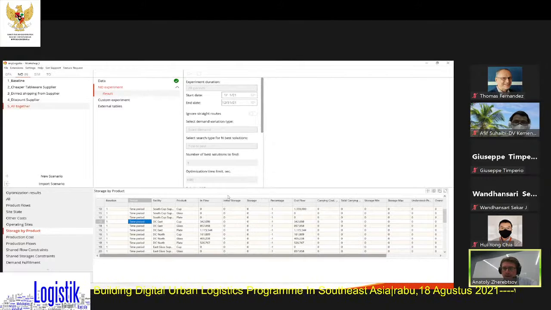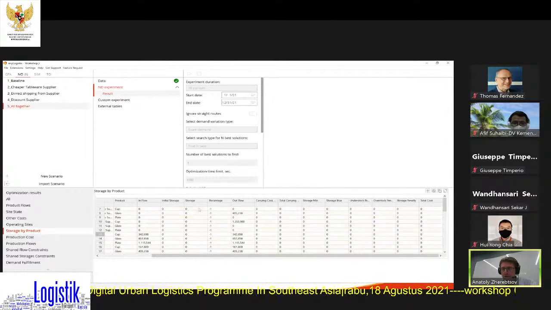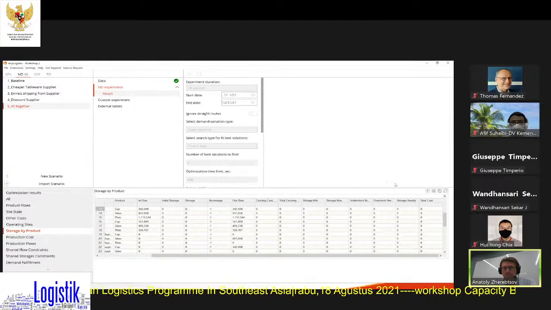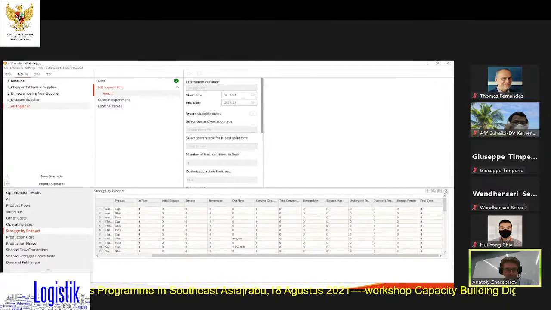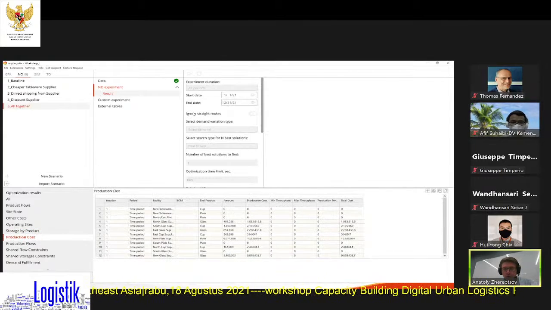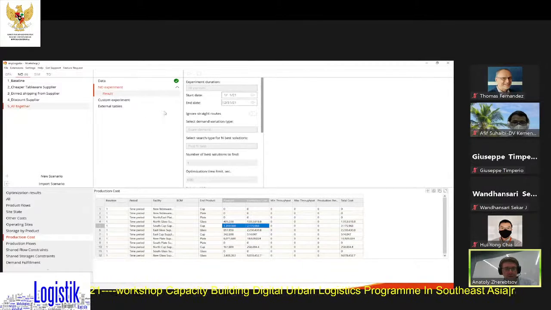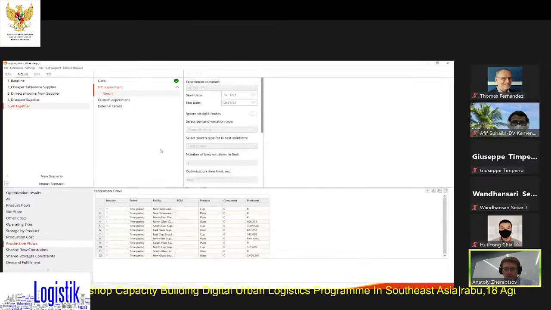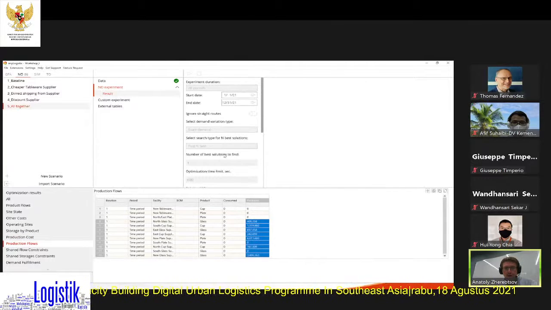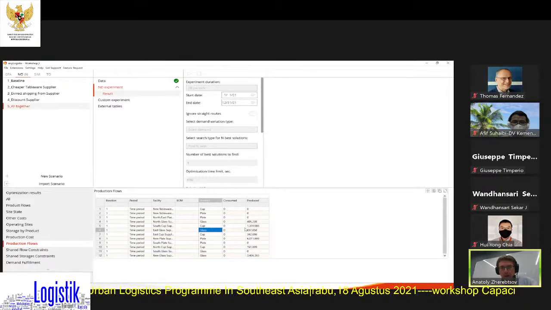And again, if we have any storage costs, then we'll see them in this table as well. Production cost shows the cost of production for different products at different facilities. And this table shows how many products were produced.